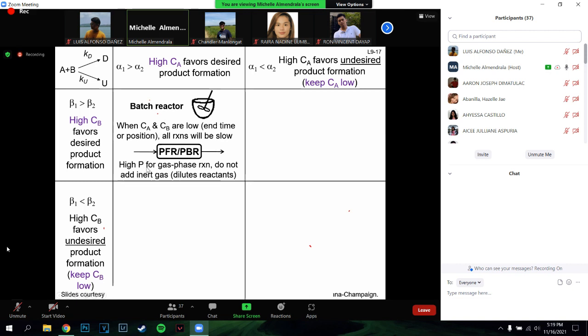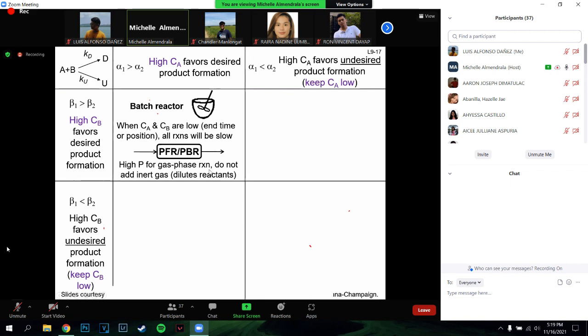For high pressure, for gas phase reaction, use a PFR or packed bed reactor. Do not add inert gas, because that will dilute your reactant. That is the assumption here. For this case, packed bed or plug flow, use high pressure for gas phase reaction.